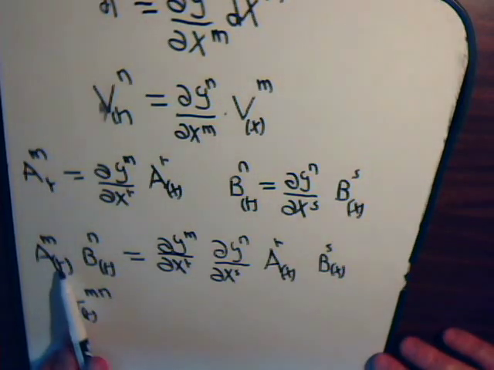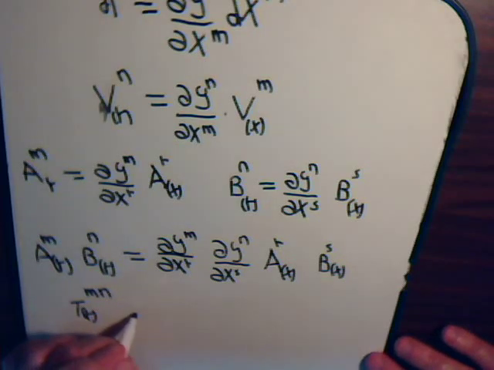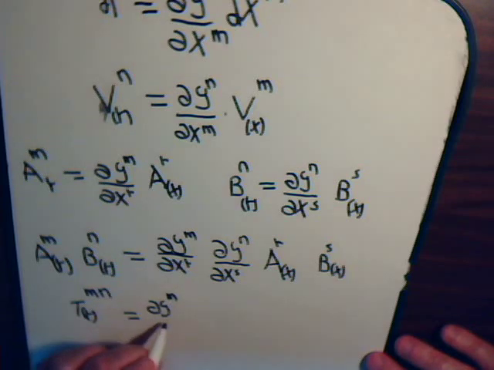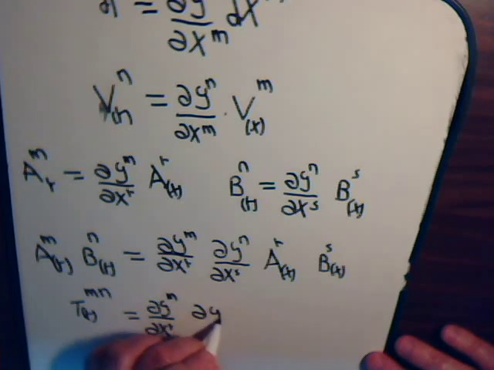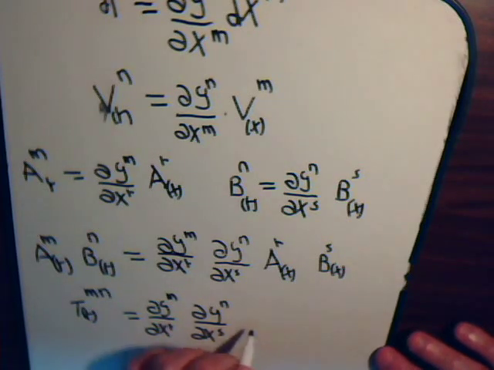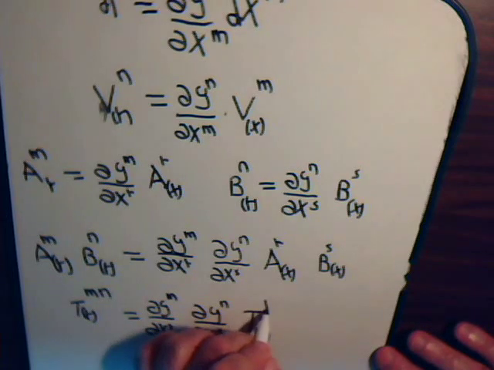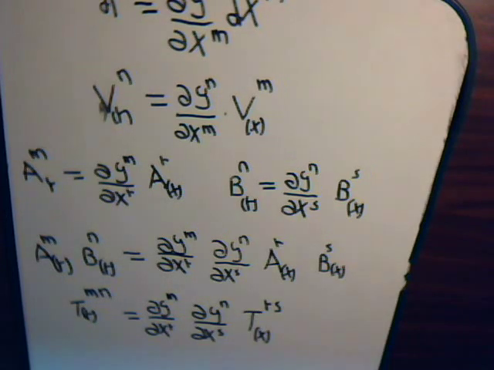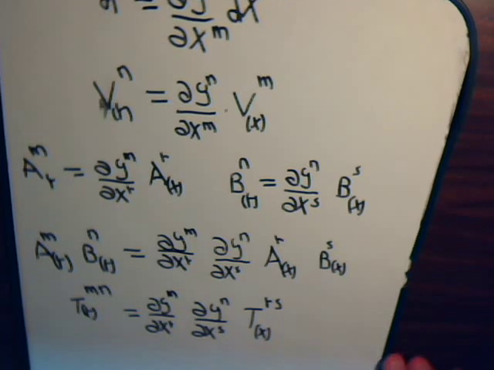Or these two we consolidate into this type of symbol. This just means that we're multiplying all the components by each other. So we can say this is equal to this. And then for these, we consolidate that into this type of symbol, like this.